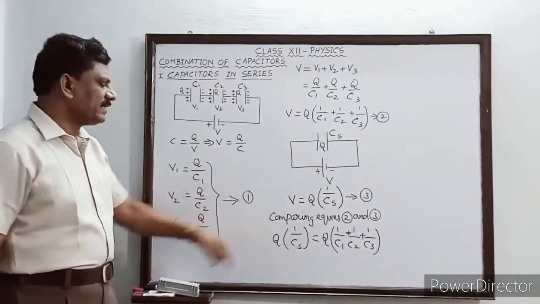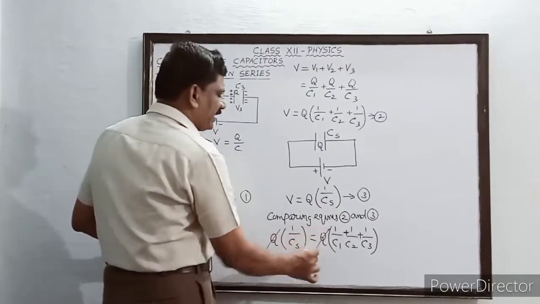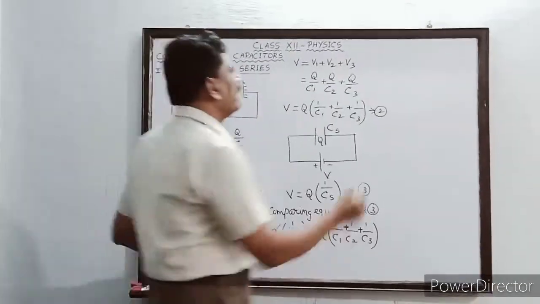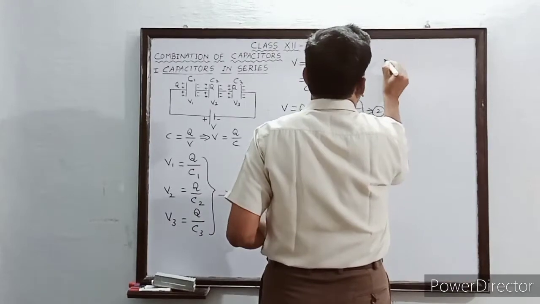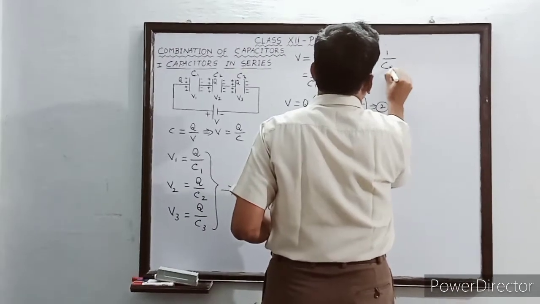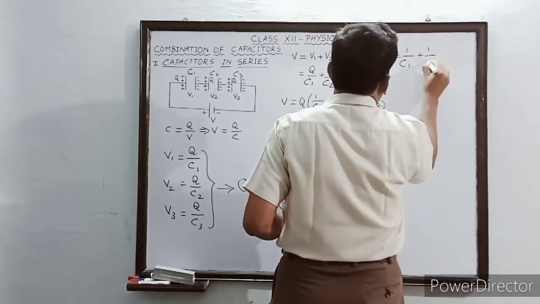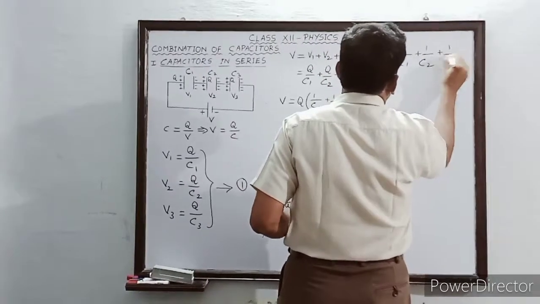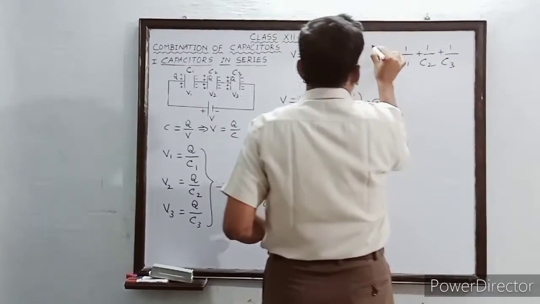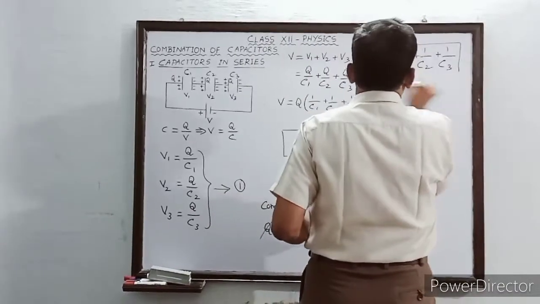Cancelling the common factor Q on both sides, what is remaining? Therefore 1 by Cs is equal to 1 by C1 plus 1 by C2 plus 1 by C3. So this is the final expression.